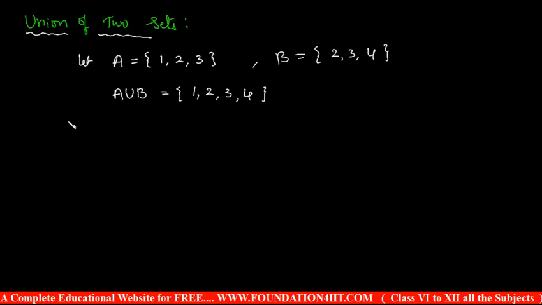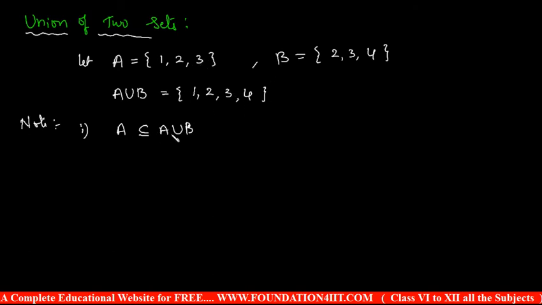Let us see some important points. Let A be a subset of A union B, and B is also a subset of A union B. The case is the same, because A union B contains all the elements of A and B. Compared to A and B, A union B only has more elements.